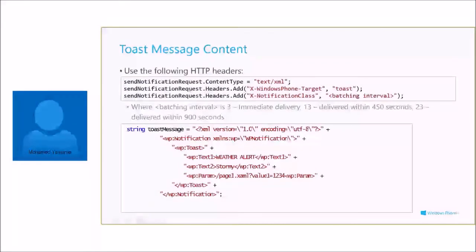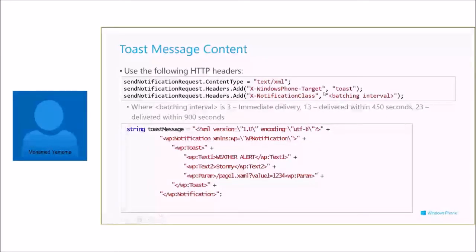You create an HTTP web request, and then you add HTTP headers like a content type, which is text/xml. These are preset contents that you might want to use. You don't have to memorize that. It means that it's XML text that you're sending.